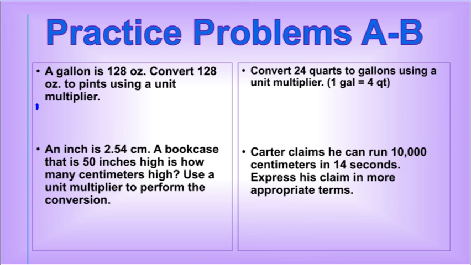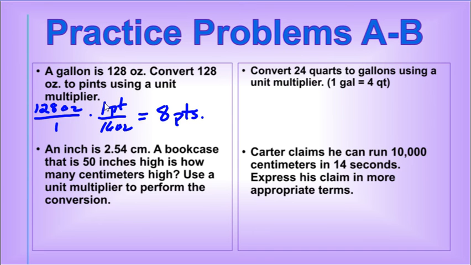We need to start with 128 ounces over 1. We need to convert to pints. And there are 16 ounces in 1 pint, so I'll do 1 pint, same as 16 ounces. So if I do 128 divided by 16, I end up with 8 pints.